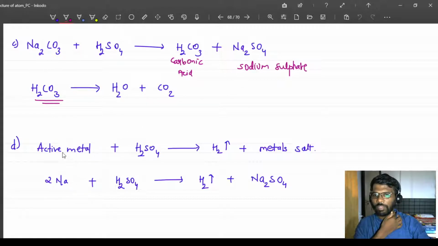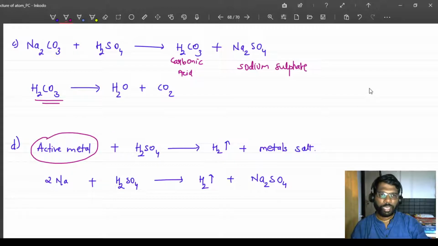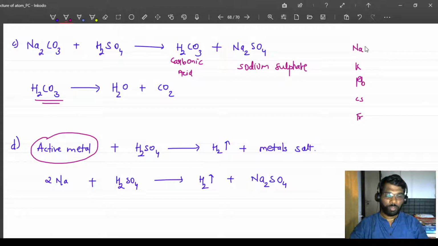Then, reacting with the active metal. What is the meaning of active metals? Active metals are group 1 elements like sodium, potassium, rubidium, cesium, francium. All these elements are called active metals because they just need to lose one electron to attain a noble gas configuration.